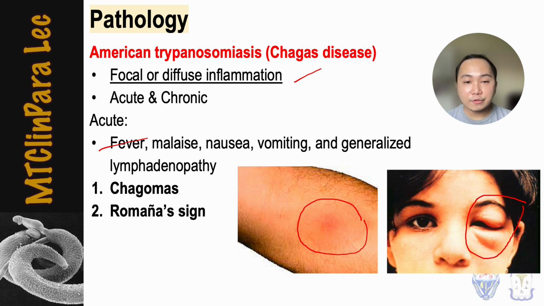Usually after 1 to 2 months, symptoms may resolve and the patient goes into a latent or what we call the asymptomatic phase. At this asymptomatic phase, they do not produce any kind of symptoms, but the patient may still be capable of transmitting it to others through insect bites or blood transfusion as well.